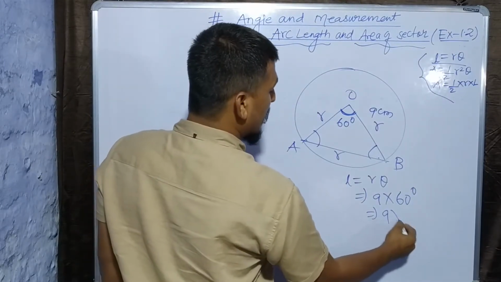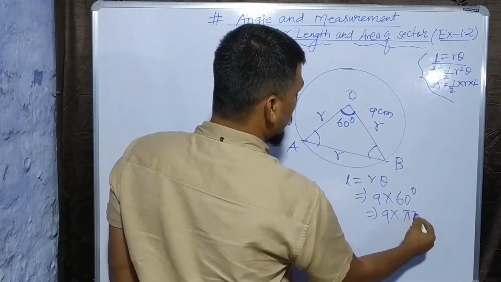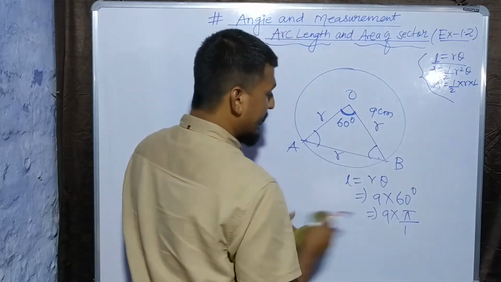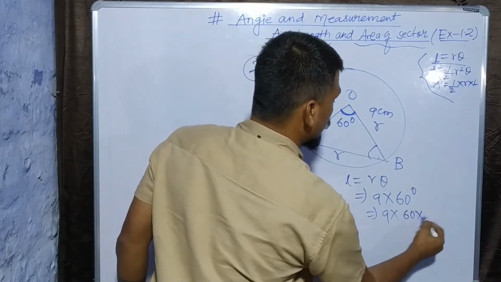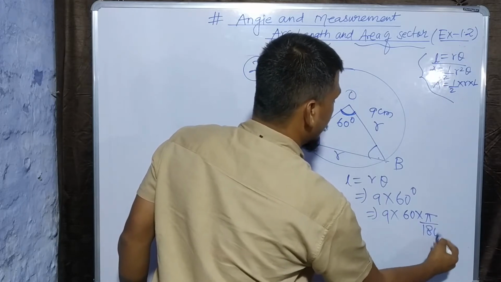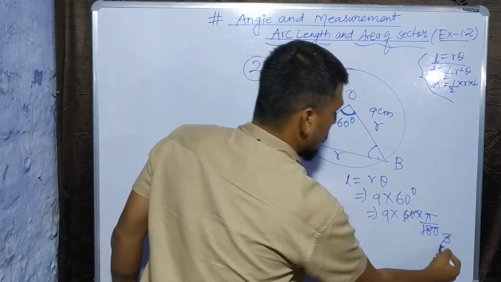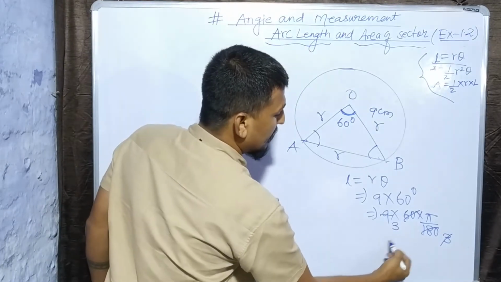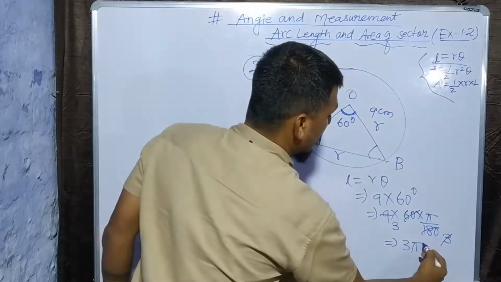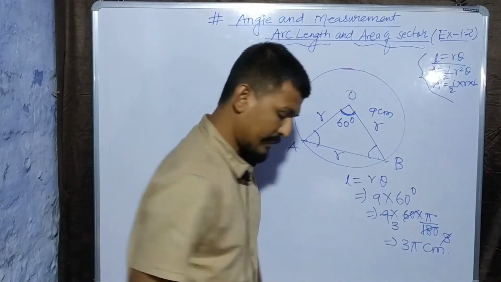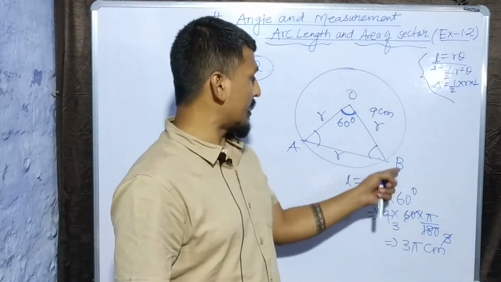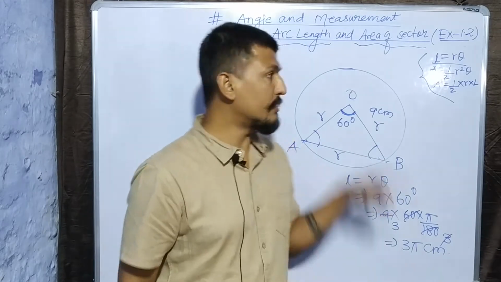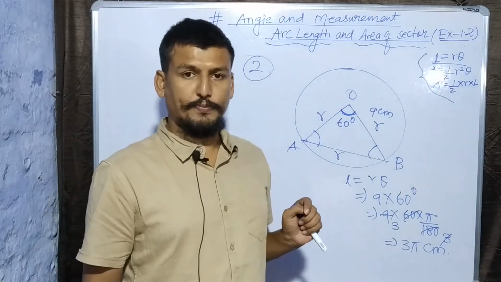So this becomes 9 into 60 into pi by 180. This becomes 3 and this becomes 3. So we have 3 pi centimeter as the length of arc. This is question number 2.